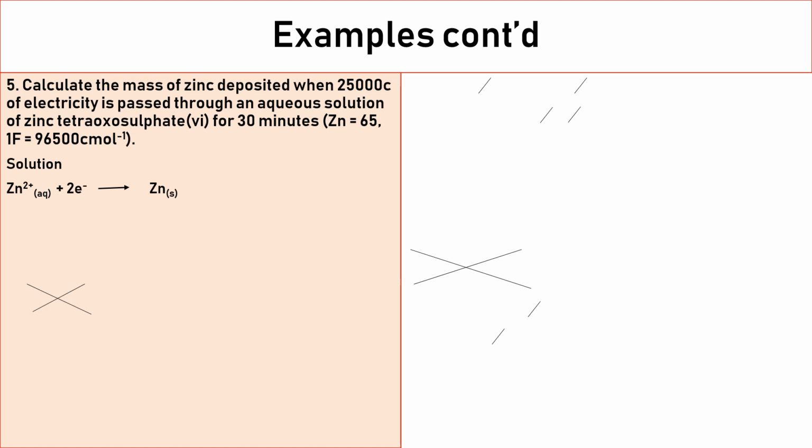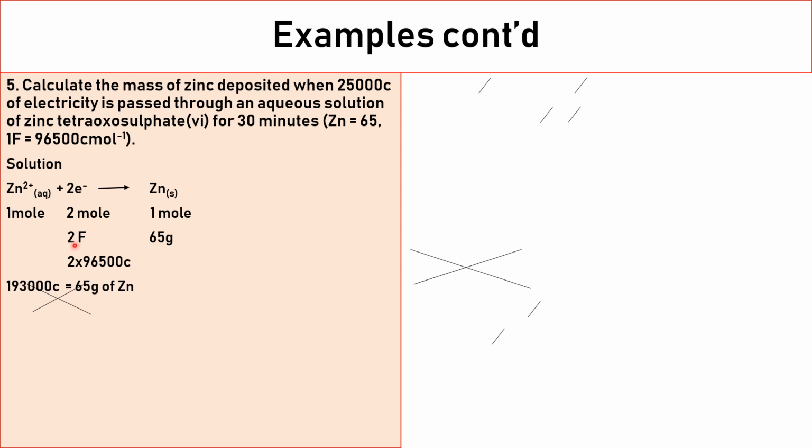Zinc is a divalent metal. It will gain 2 electrons to form metallic zinc, and that means we have 1 mole of zinc ion gaining 2 moles of electrons to form 1 mole of metallic zinc. So 2 moles of electrons is equal to 2 Faradays, I beg your pardon, while 1 mole of zinc is equal to 65 gram.